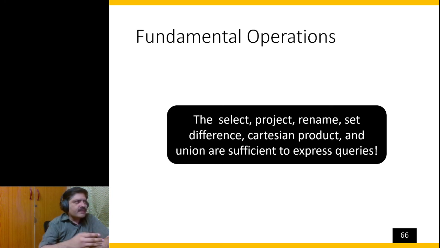So let me summarize. The fundamental operations are select, project, rename, set difference, Cartesian product, and union. And it's very interesting to note that these 6 operations are sufficient to express any kind of query on a relation.